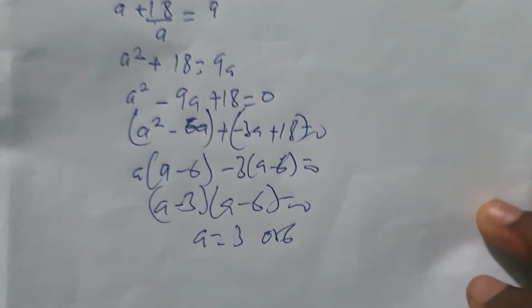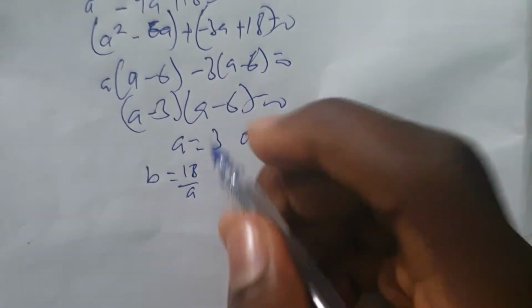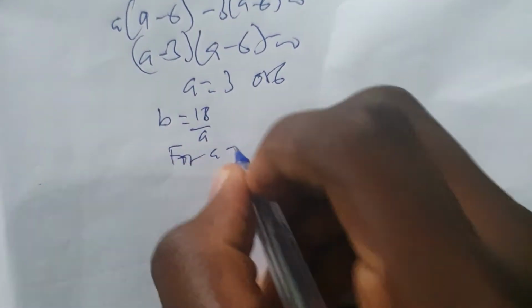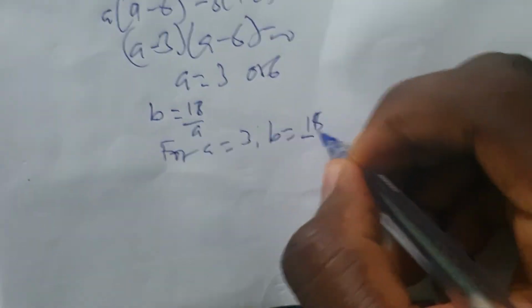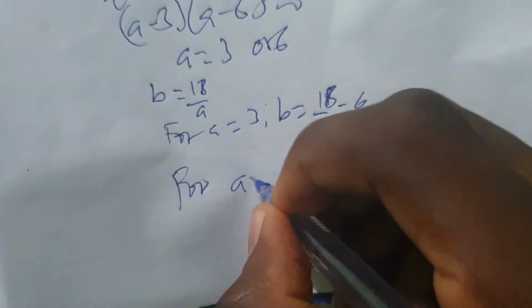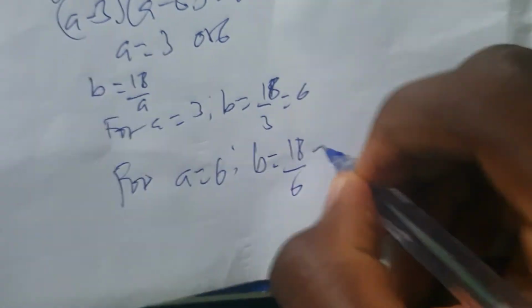Now b is equal to 18 over a. So for a equals 3, b will be equal to 18 over 3, which is 6. And then for a equals 6, b will be equal to 18 over 6, and that will be 3.